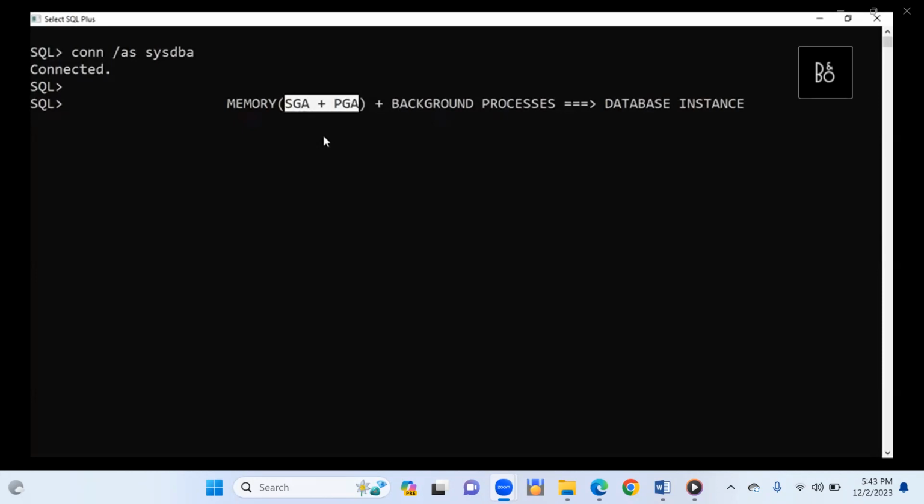In these memory components, we have some sections that make up the SGA and components that make up the PGA.